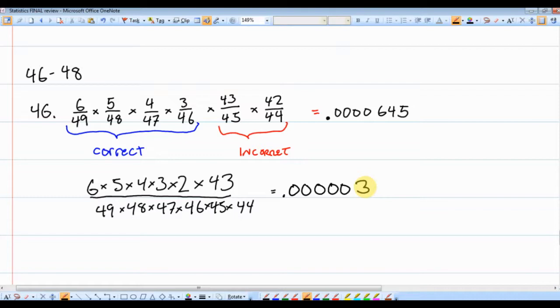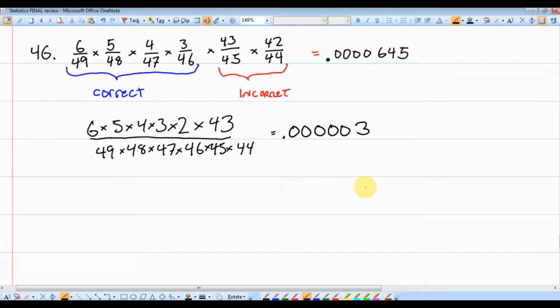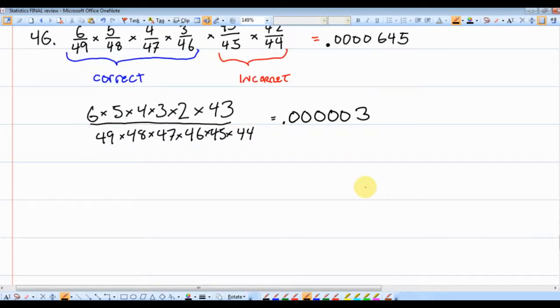Lastly, what's the probability of getting all 6 numbers correct? On here, you said that it was 42 over 44. For the last one, instead of putting 43 over 44, you put 42 over 44.